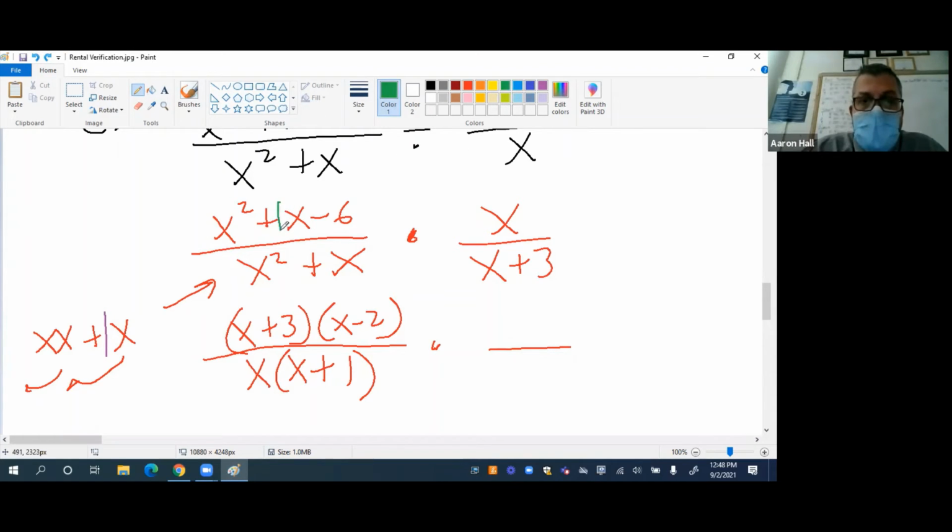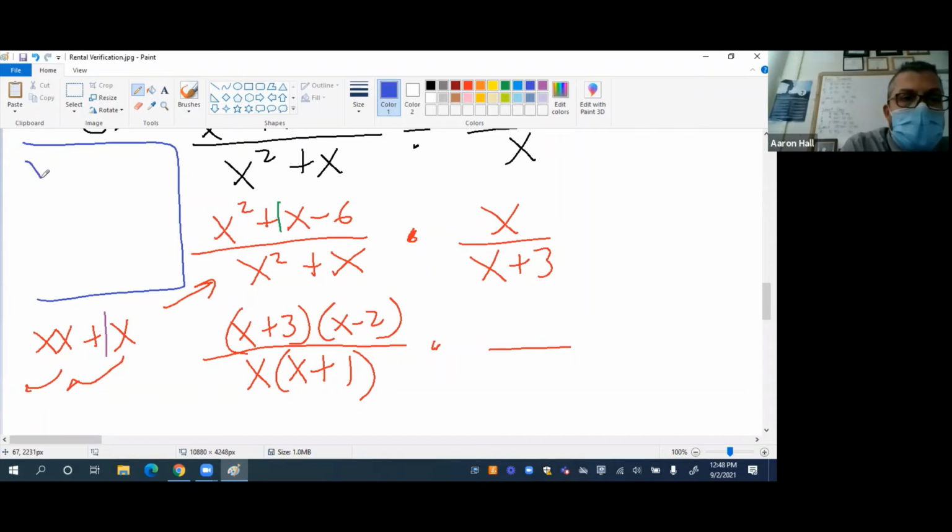Okay. Now I'm trying to think of two numbers. Let me use a different color. If I have x squared plus bx plus c, and I'm trying to factor this, I'm trying to think of an n times an m that gives me what?